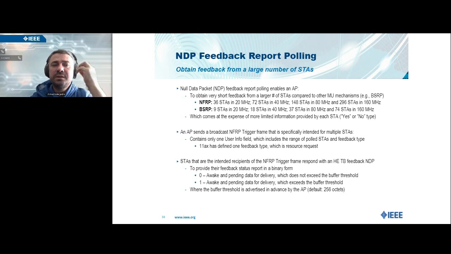Or it is set to 1 to indicate, yes, I'm awake and pending data for delivery, which is going to exceed that buffer threshold. So there are 3 responses from the station, essentially. 0, which is I have data but limited. 1, which is I have data and it exceeds what you're expecting. And no response, which means I'm not there and I don't have any data.